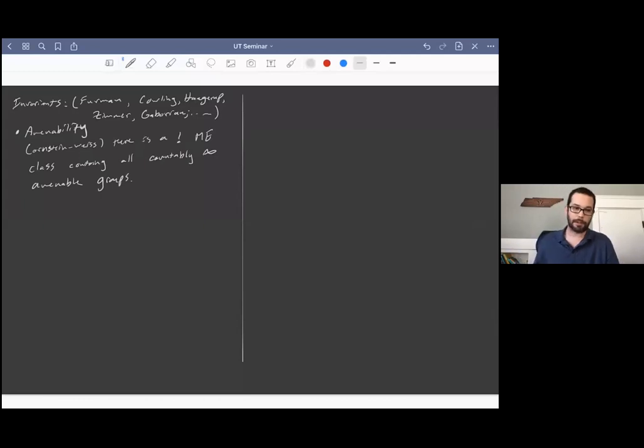So not only is it a measure equivalence invariant, but actually any two countably infinite amenable groups are measure equivalent. And if you're measure equivalent to any one of them, so the integers, then you're amenable yourself. So this equivalence relation doesn't distinguish amenability very well.